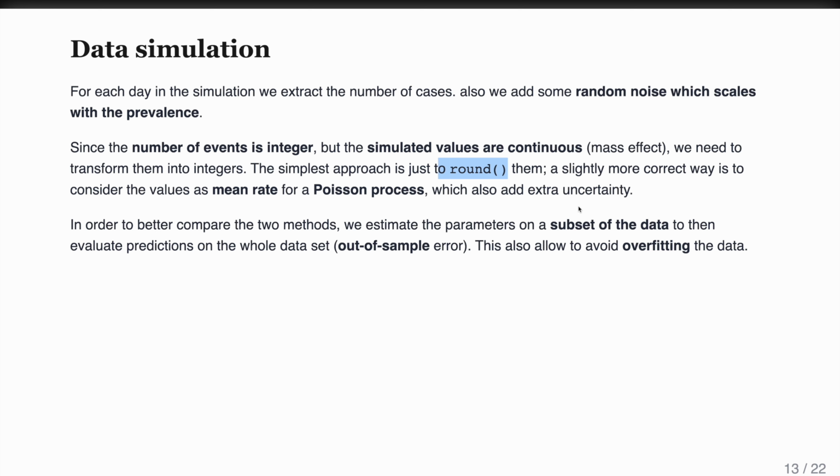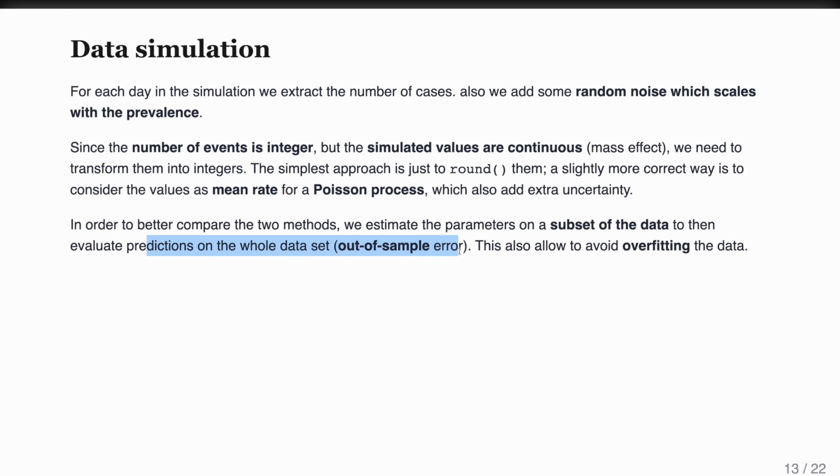A third aspect to keep in mind is that in order to better evaluate the goodness of our estimation methods, it's a good idea to estimate the parameters on a subset of the data instead of on the whole data, and then evaluate them on a part of the data that wasn't used to estimate them.